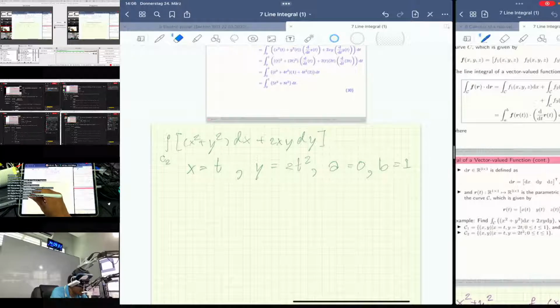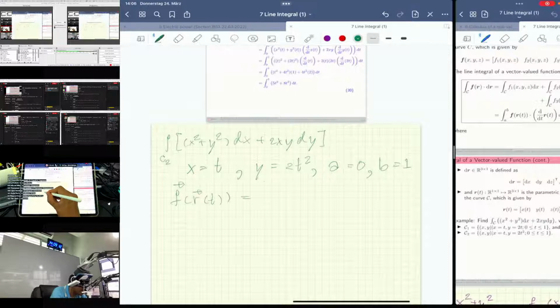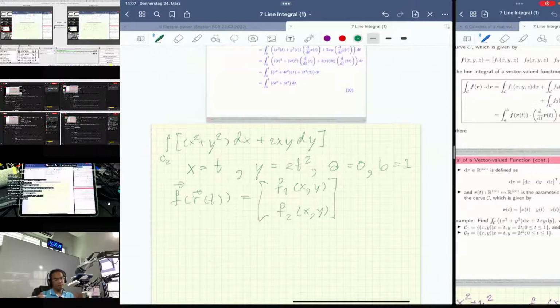The vector f with respect to vector rt will be the first component f1, f2, but we're gonna change it later to t, right?